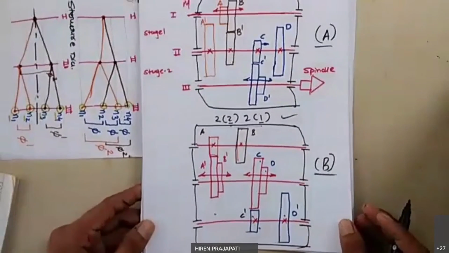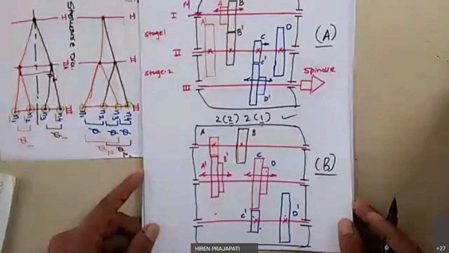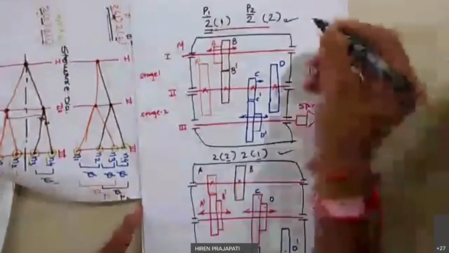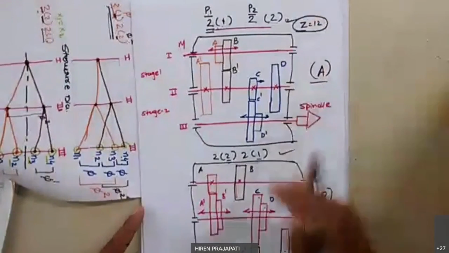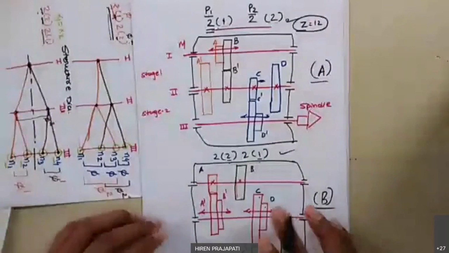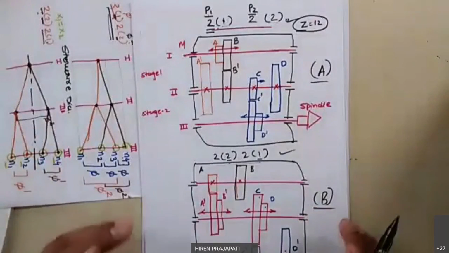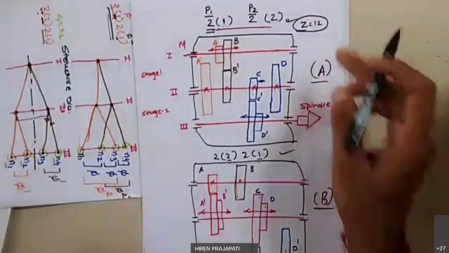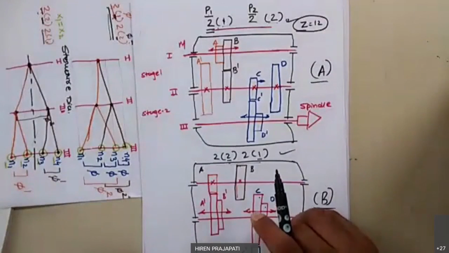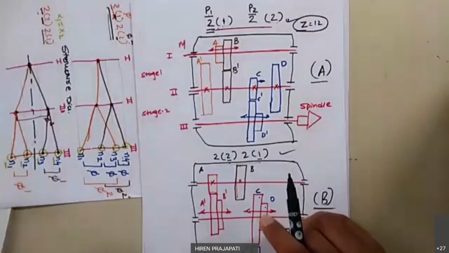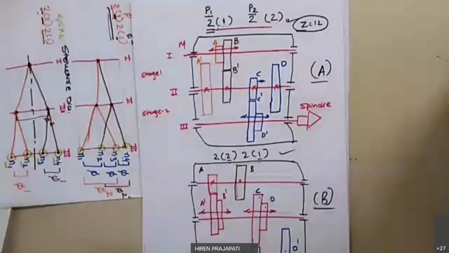In the next session we'll go with a total of 12 speeds, and we'll work on the structure diagram for 12 speeds and the gearbox arrangement as well. At that time we'll discuss some recommendations based on which we need to select the correct structure equation and structure diagram.